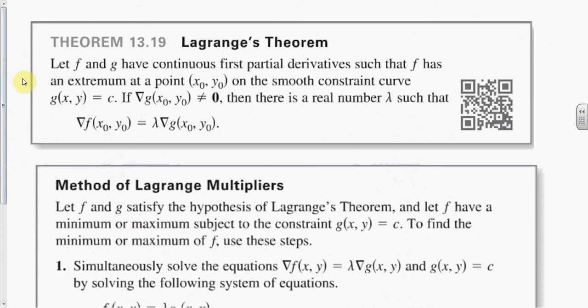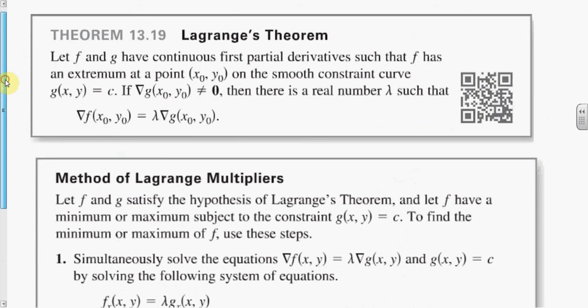Here's the method. His theorem says that let f and g have continuous first partial derivatives such that f achieves an extrema at some fixed point x naught, y naught, on a smooth constraint curve. The word smooth here means that the partial derivatives exist, also at the endpoints.